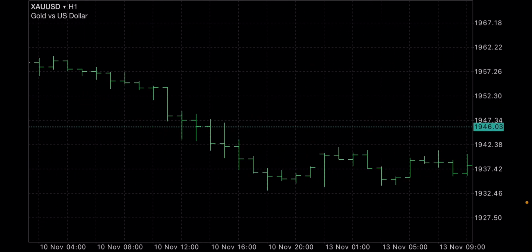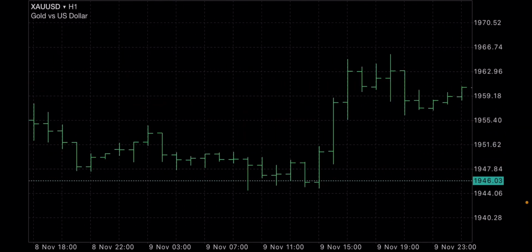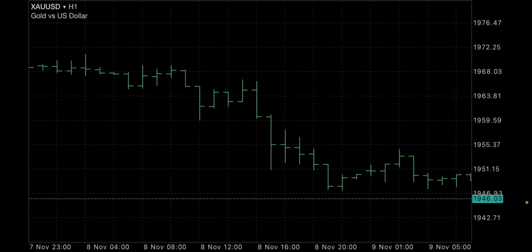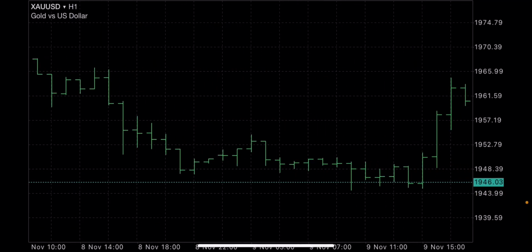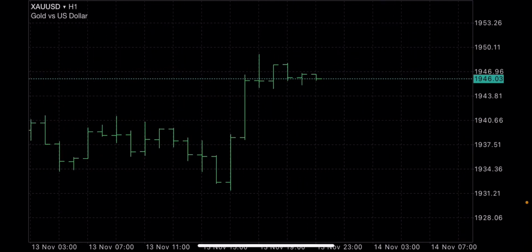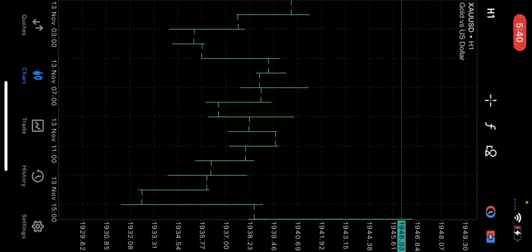This is a visualization of a bar chart. I don't really use this much as a trader because I'm more of a candlestick trader, and it's a little bit easier for me to recognize patterns. I don't really use this, so I'm not going to go into much detail about it.